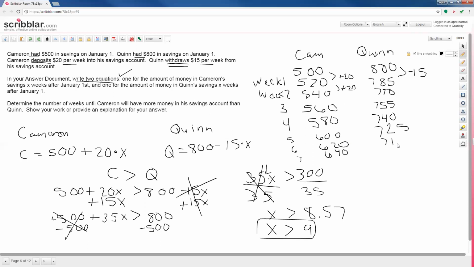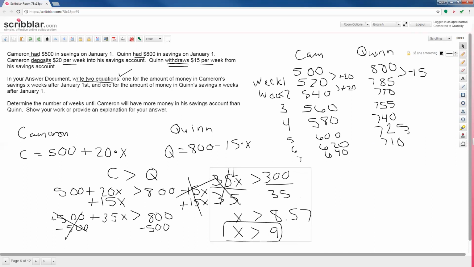I'm going to finish the table really quick just to show you where the final place to stop would be. So here at week 8, we have 660 compared to 695. Oh, did I miss one? 785, 770, 755, 740.